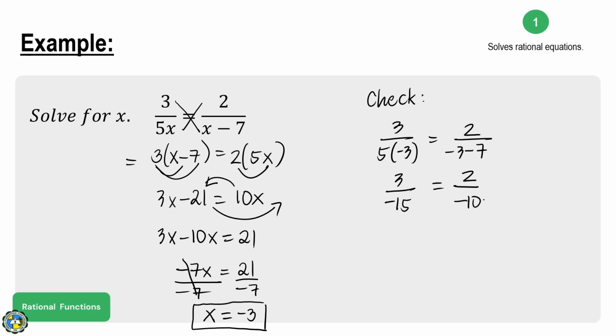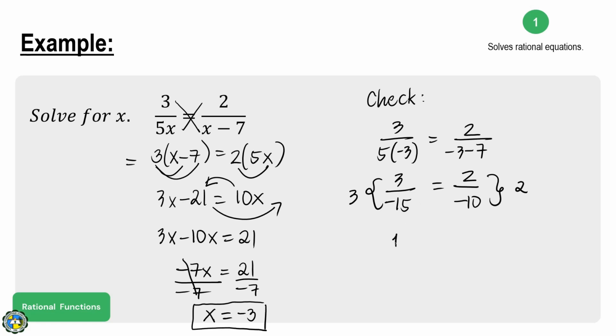As you can see, they are not yet equal. It means the given rational expression is not yet in its lowest terms, or simplest form. So we have to simplify it by getting the multiples of both the numerator and denominator. This one is divisible by 3. This one is divisible by 2.